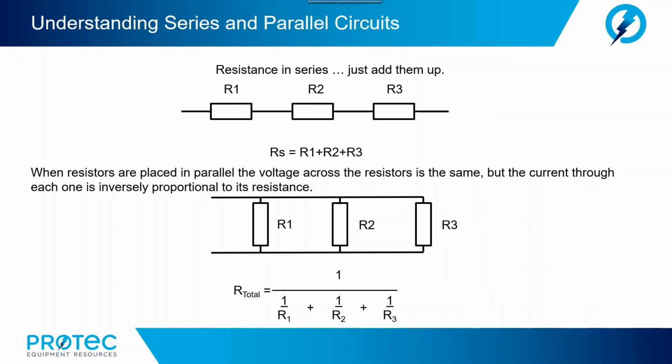But when resistors are placed in parallel, the voltage across the resistors is the same, but the current through each one is inversely proportional to its resistance. So in essence, the resistances add up as reciprocal values, as we see in the equation shown.